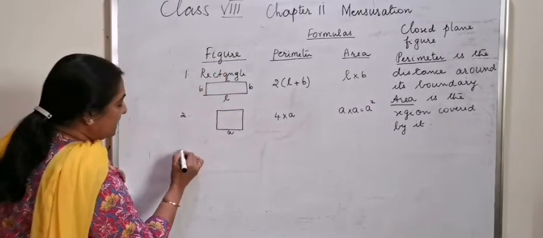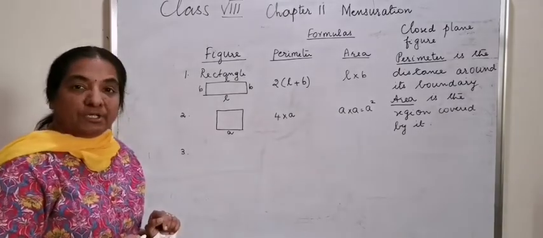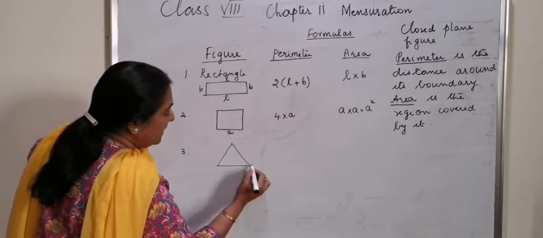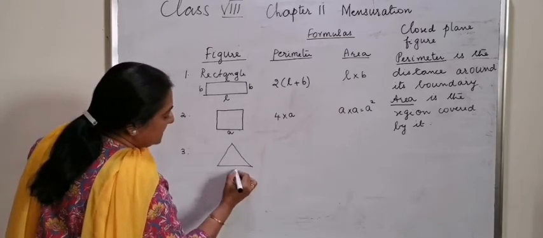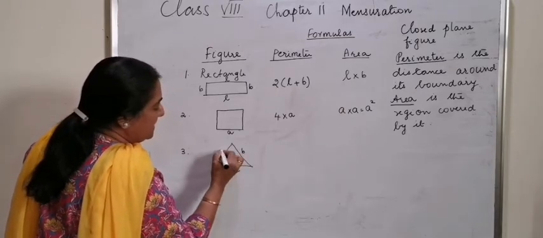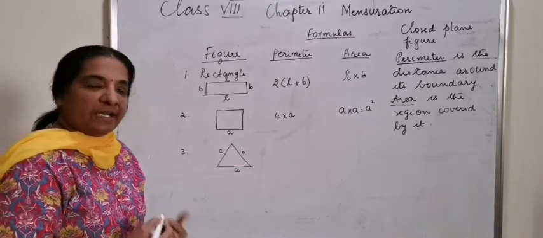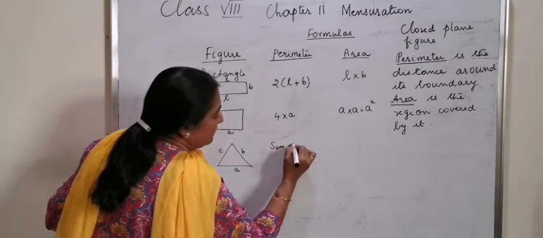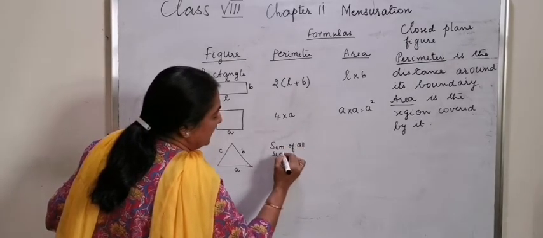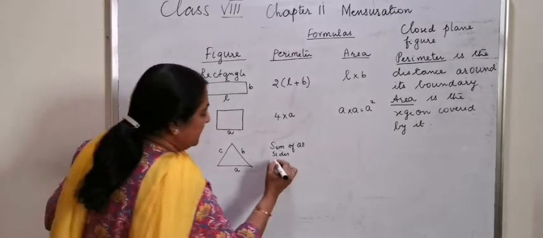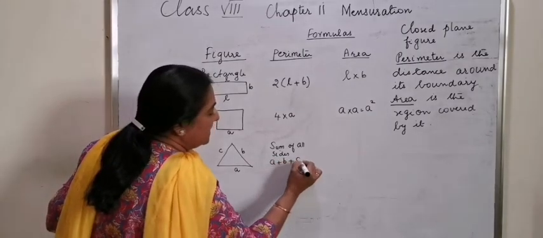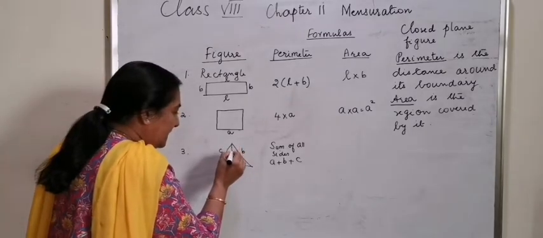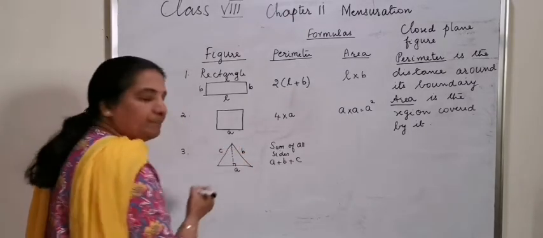The third figure is a 3-sided polygon, any triangle. For any triangle, let's take the sides as A, B and C. The perimeter is the sum of all sides, or in this figure, A plus B plus C. For the area, we need the altitude.